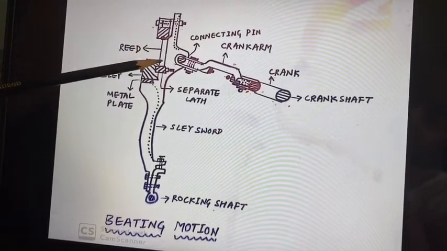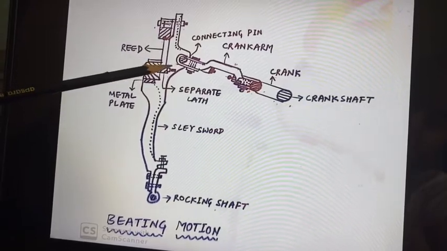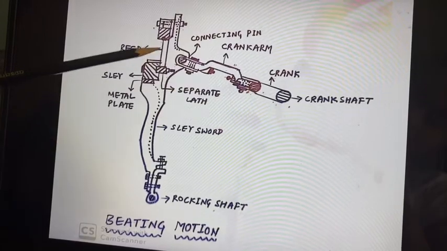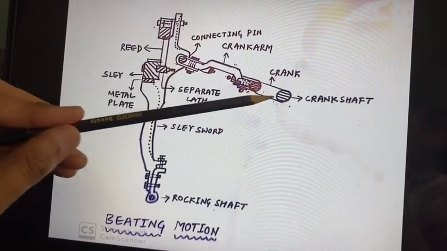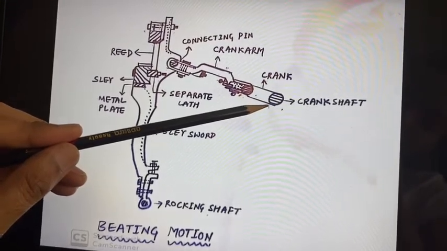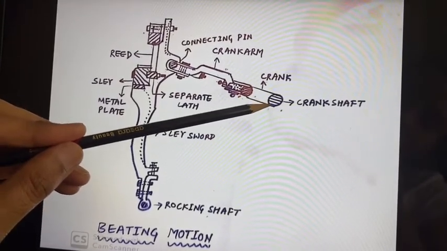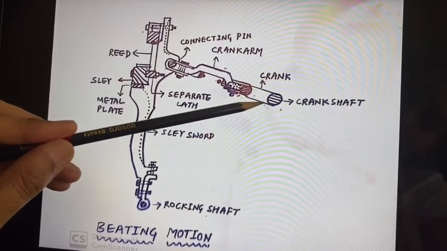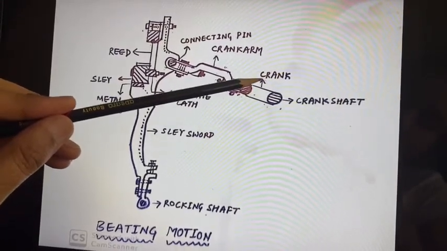Now how we transmit the forward and backward motion, you can see in this part of the diagram. Here is the crankshaft, which has cranks at both ends, and the crankshaft has a bent shape like a crank.